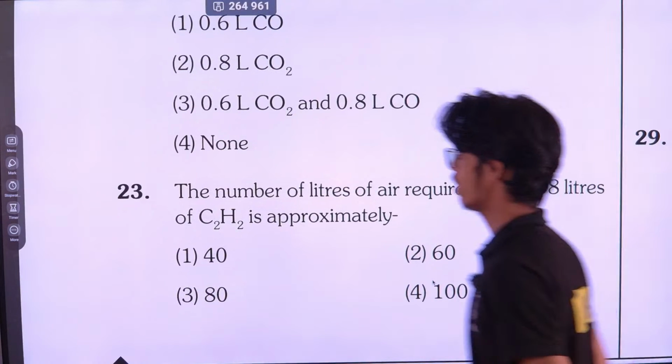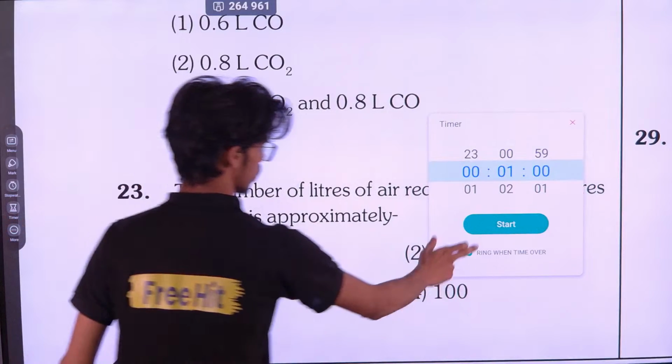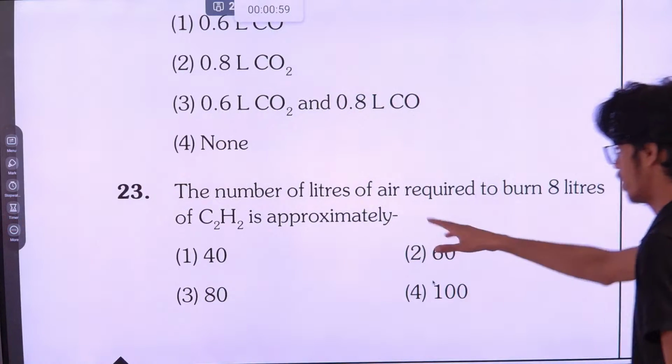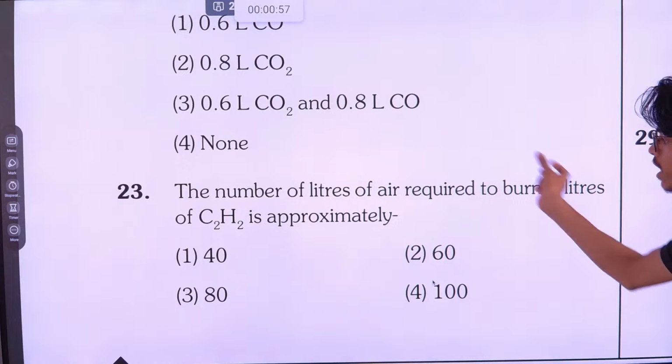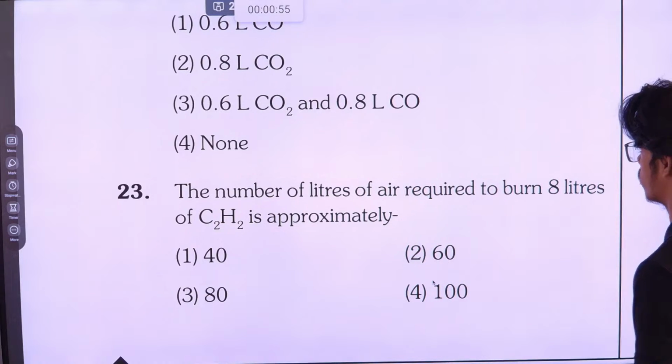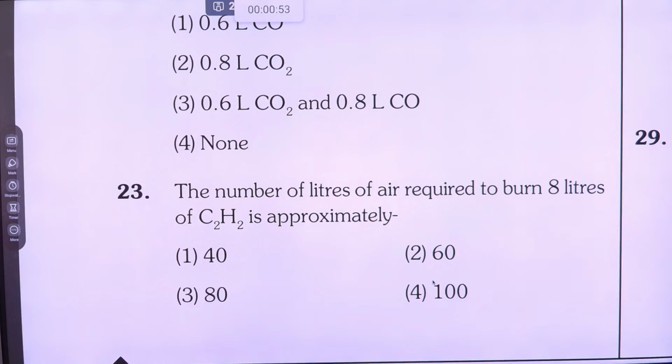Question 23. The number of liters of air required to burn 8 liters of C2H2 is approximately how much? I have told you, first balance the number of carbons, only then balance anything else.